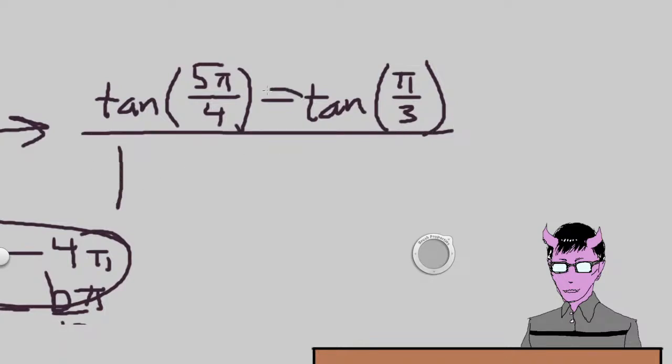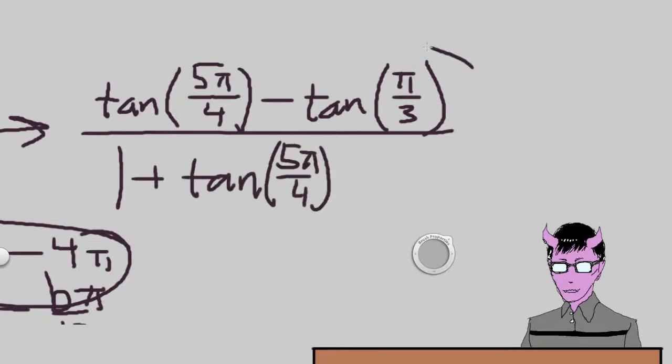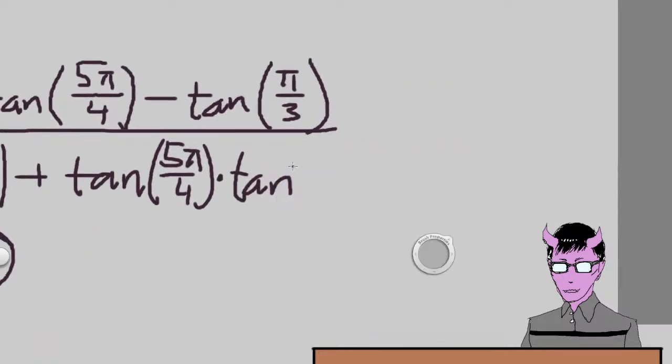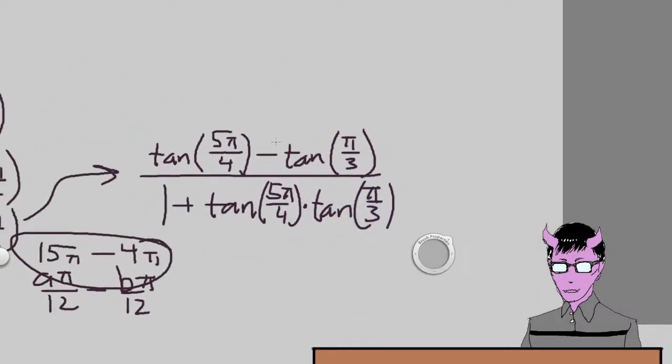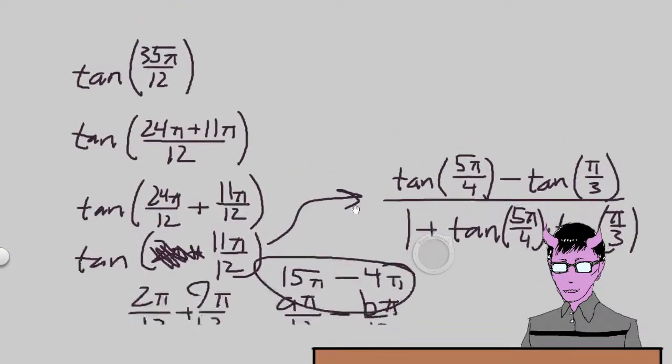And then we have 1. Since this is minus, then we put a plus. Copy paste. Copy paste. And now it's a product. Not my favorite algorithm, but you can circumvent this by just simply doing the sine over cosine.